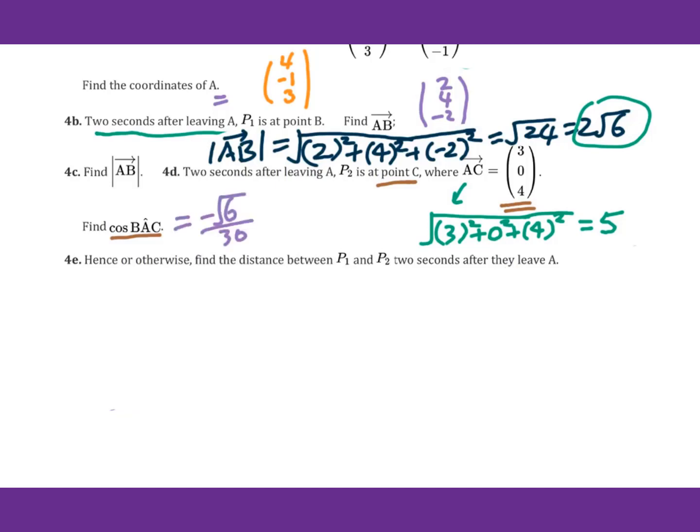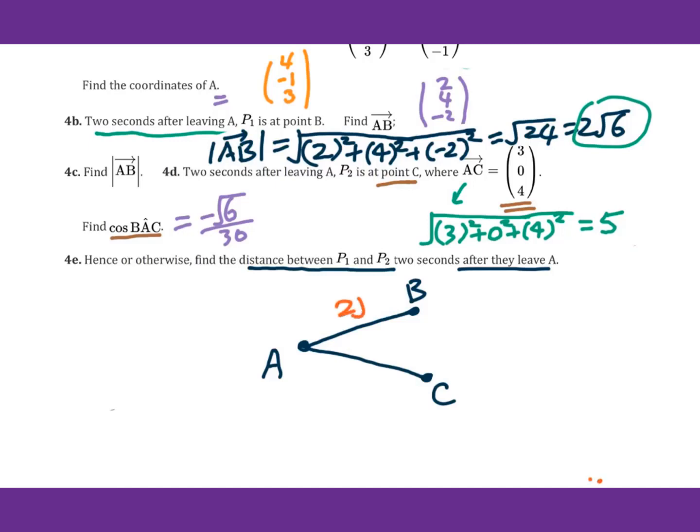Let's go to 4E. Find the distance between P1 and P2 2 seconds after they leave A. We can draw the diagram. Suppose this is A. After 2 seconds, P1 goes to B. After 2 seconds, P2 goes to C. According to the given information, the length of AB is 2 square root of 6.